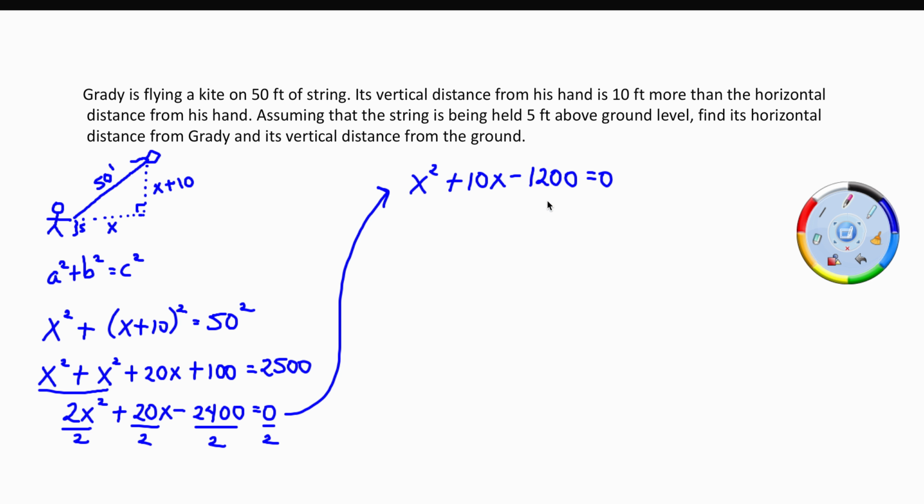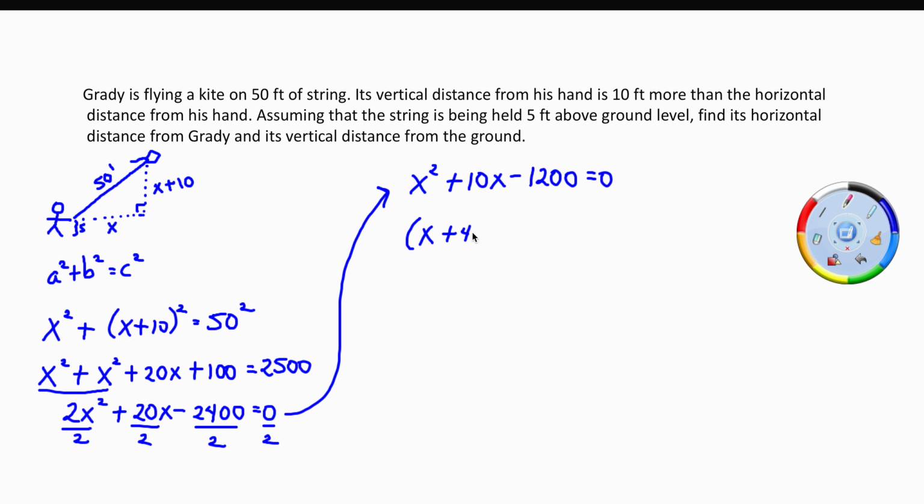So I need two numbers that multiply to give negative 1,200 and add to give 10. I might notice these two extra zeros and one here, so I can just think about numbers that multiply to give negative 12 and add to give 1, that's 4 and negative 3, right? But since I've got these zeros, how about 40 and negative 30?